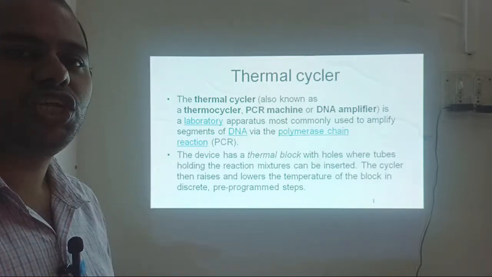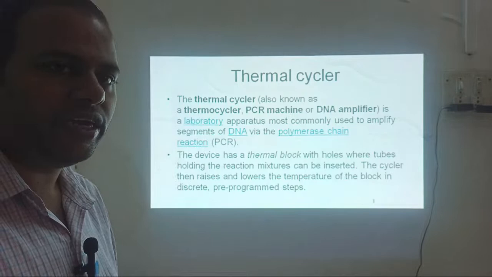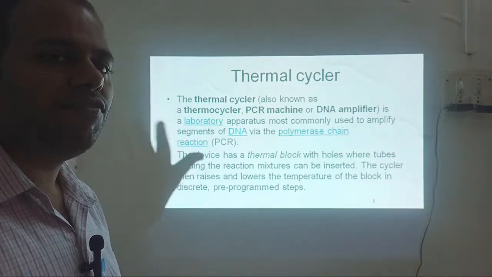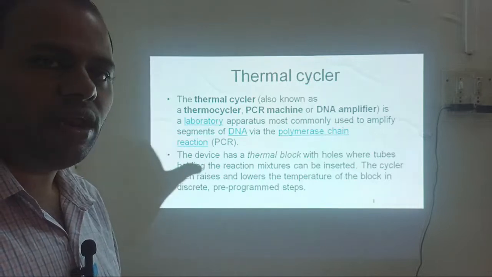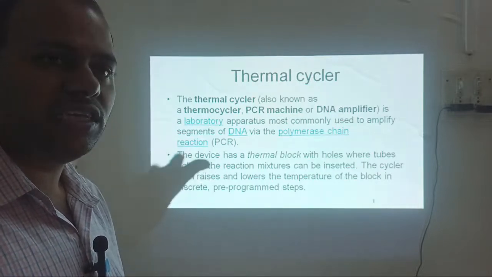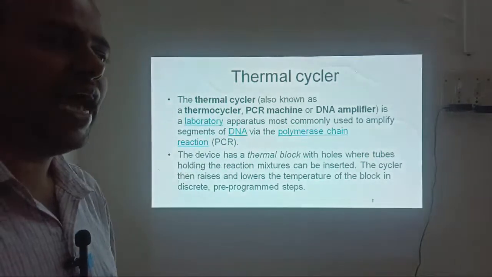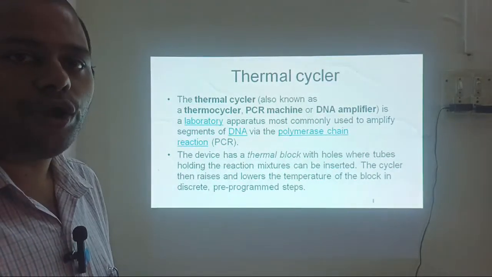For example, initial denaturation will be for 2 minutes, then denaturation for 1 minute, annealing for 2 minutes, then extension for 2 minutes, and final extension for about 5 minutes. So you have to design the PCR protocol according to the need.